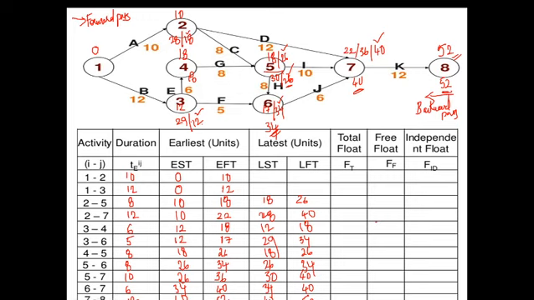What is the latest finish time? 29 and 12. Which value will we select? 12, the lesser value. 12 minus activity duration 12 is 0. Okay, LFT of activity 2, how much is it? 28 or 18? 18, the lesser value. 18 minus duration, which is 10, leaves 8.